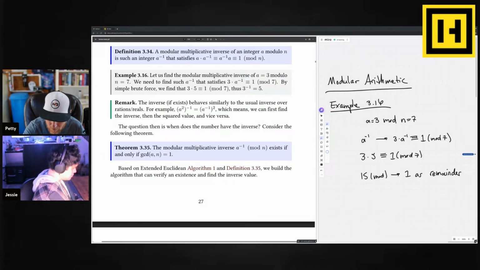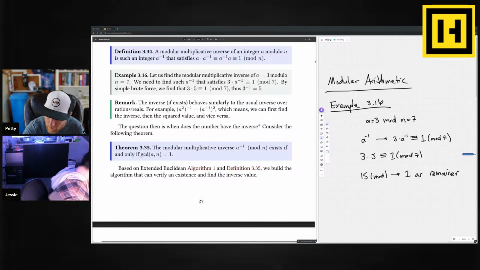That's true. 15 mod 7, because 7 times 2 is 14, so you get a remainder of 1. So I guess that means 15 is congruent to 1 mod 7 because they both have the remainder 1.